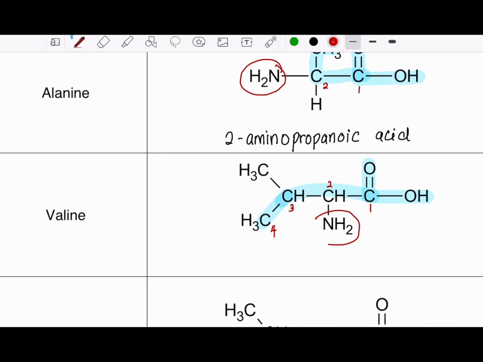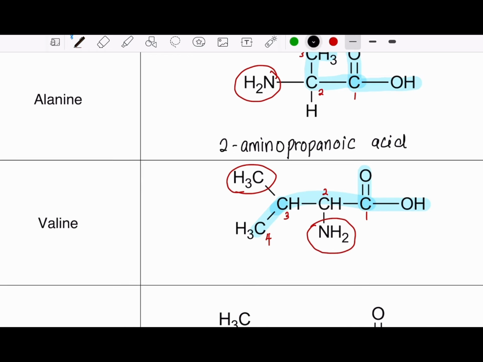So our amino is at carbon number 2. Our methyl is at carbon number 3. Amino comes first because amino is A. So the name of this structure is 2-amino 3-methyl butanoic acid.